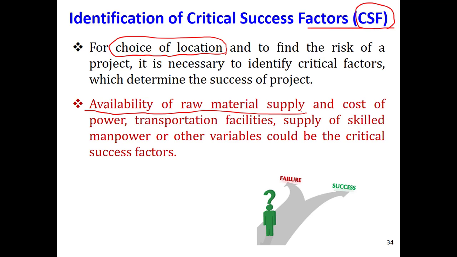So depending on the location, your raw material supply cost, power cost, transportation, even the skilled manpower can change. If your project is far from the city and in an area far from development, you have to pay more to your workers, laborers, and engineers to come there and work for you.